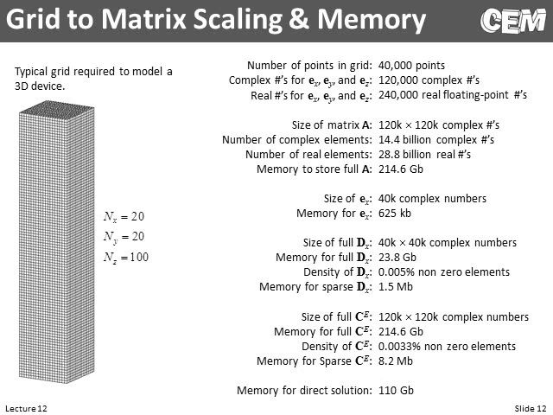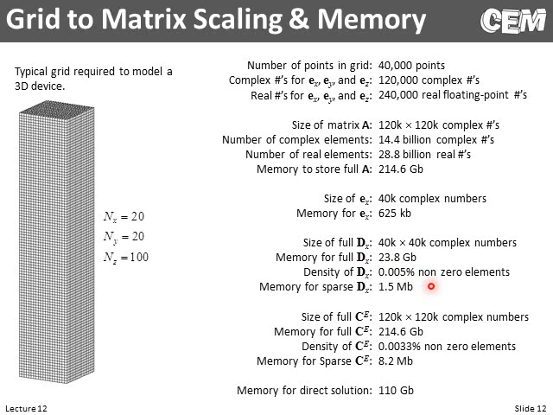The point here is we want to store these as sparse matrices. Just to store one of our derivative operators is about 24 gigabytes. But only 0.005% of that matrix operator are non-zero elements.